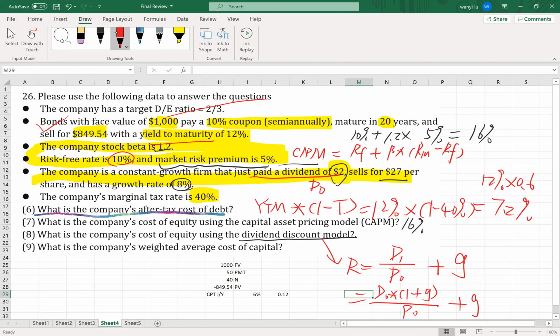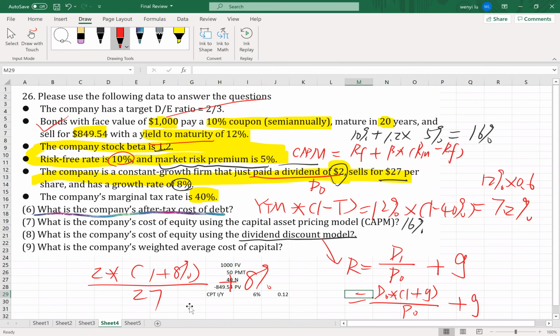Dividend just paid is $2 times 1 plus g, 1 plus 8%, over price 27, then plus the growth rate, which is 8%. So following these calculations, you can solve the cost of equity using the dividend discount model.